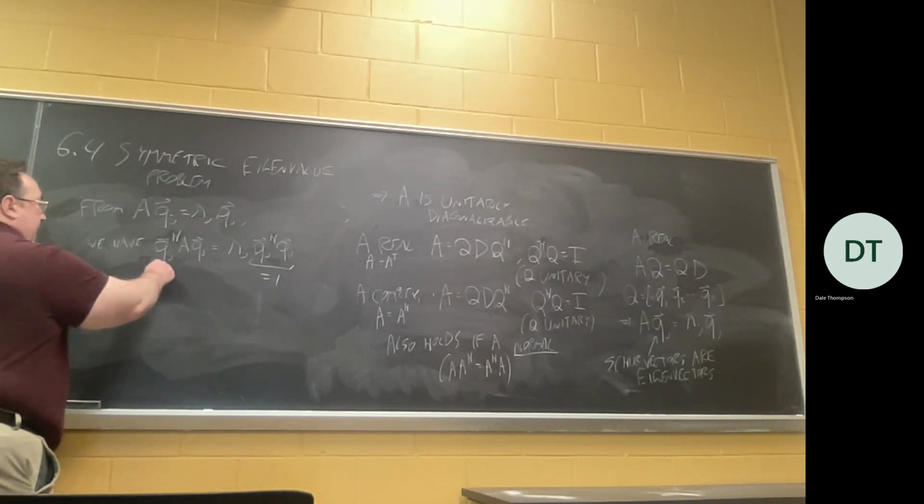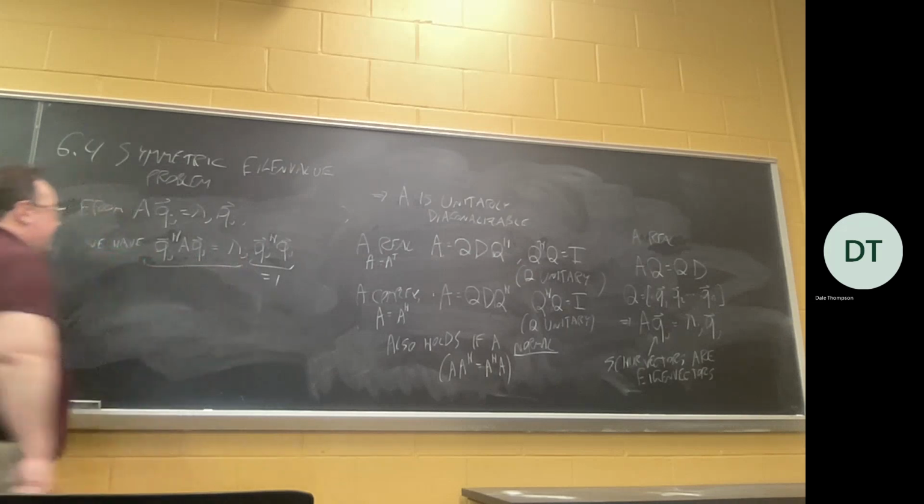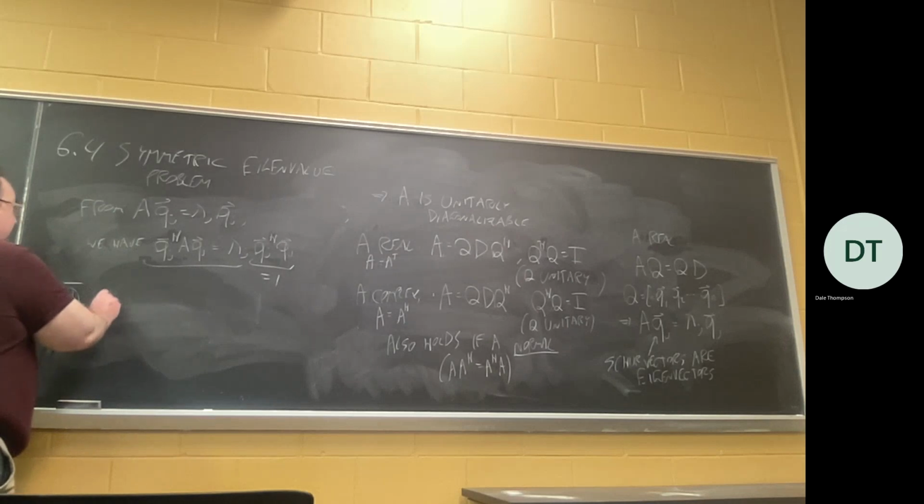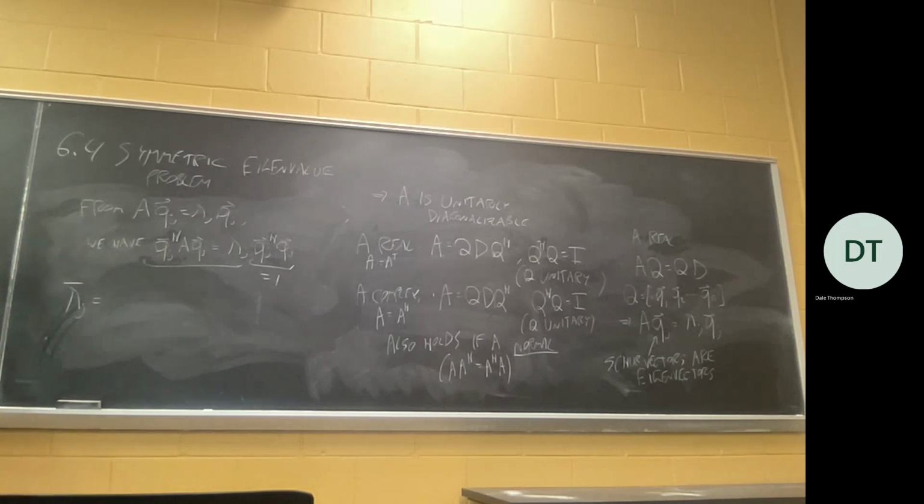So if I take this equation right here, lambda_j is equal to that, and now I take the complex conjugate of both sides. Lambda_j conjugate is equal to, well, when you take the complex conjugate of a number, that's the same as taking the Hermitian transpose of a 1-by-1 matrix.